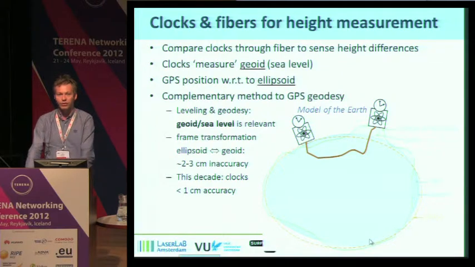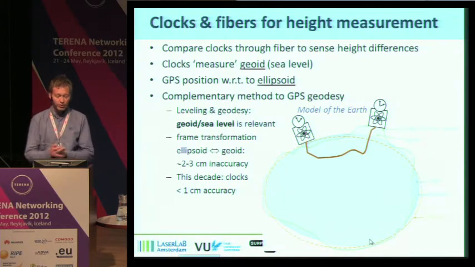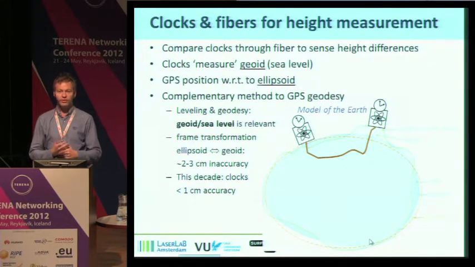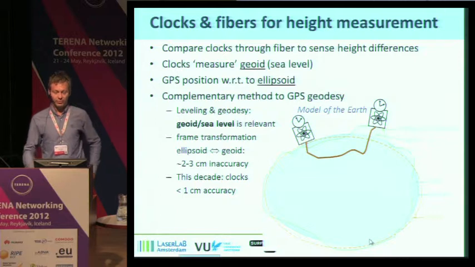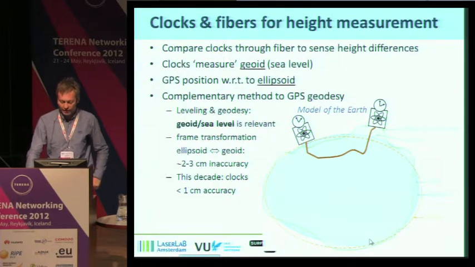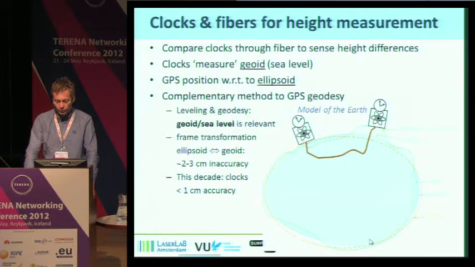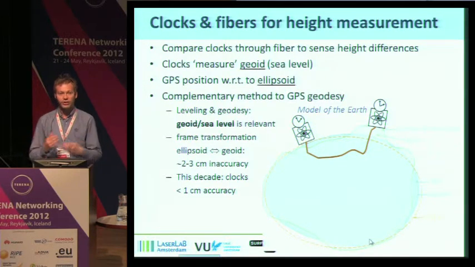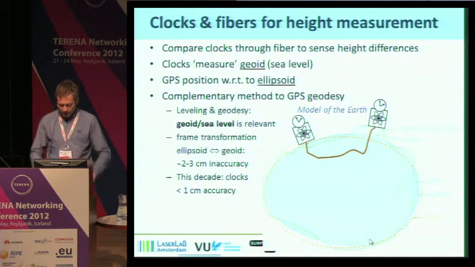So the height through GPS cannot be measured with an accuracy better than 2 to 3 centimeters or so. Whereas these optical clocks, at the end of this decade, are expected to achieve an accuracy so that they can sense 1 centimeter height differences or even less. So you could use clocks to improve the model of the Earth, or to improve the transformation between the GPS frame to the real geoid frame.